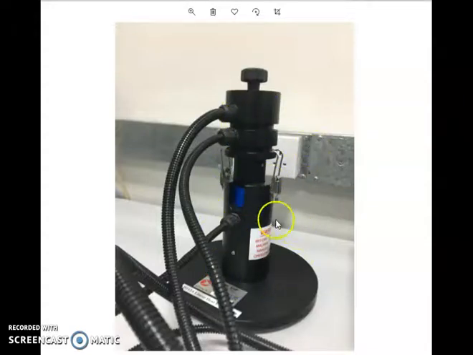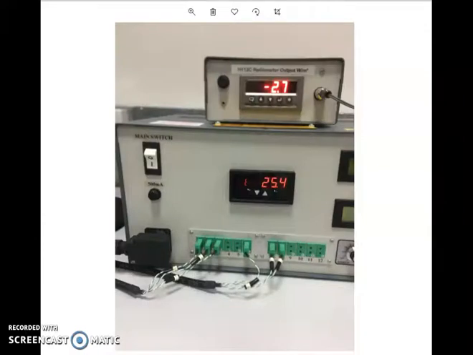The bottom is the cold one and the top is the hot one. So T1, T2, T3 are hot, and T6, T7, T8 are cold.